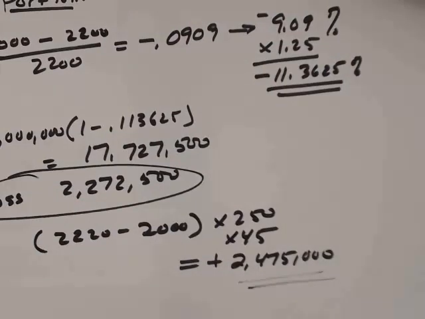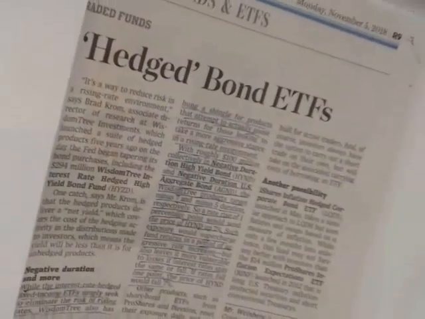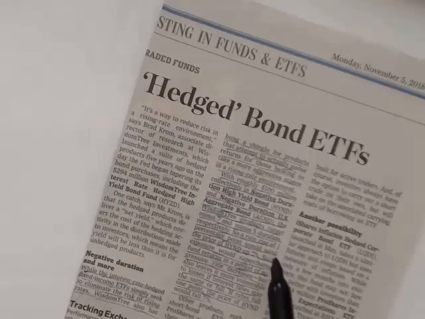Okay. Now, let's move on to target modified duration and target beta. So targeting modified duration and beta. The example that we saw in the article talked about targeting modified duration of -7 and -5 in a portfolio.